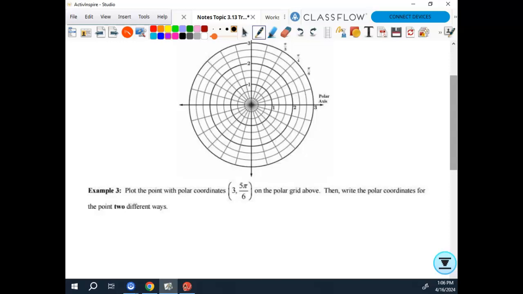All right, so (3, 5π/6), I think that puts me right there. Would you agree with that? Okay. So it says to plot the point, boom, we got that. Everybody good with plotting it? All right. Then we're going to write the polar coordinates in 2 different ways. We're actually going to do it in 3 different ways.